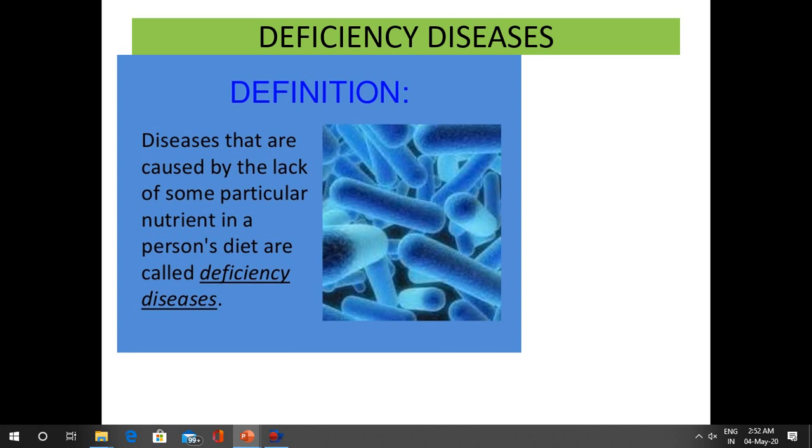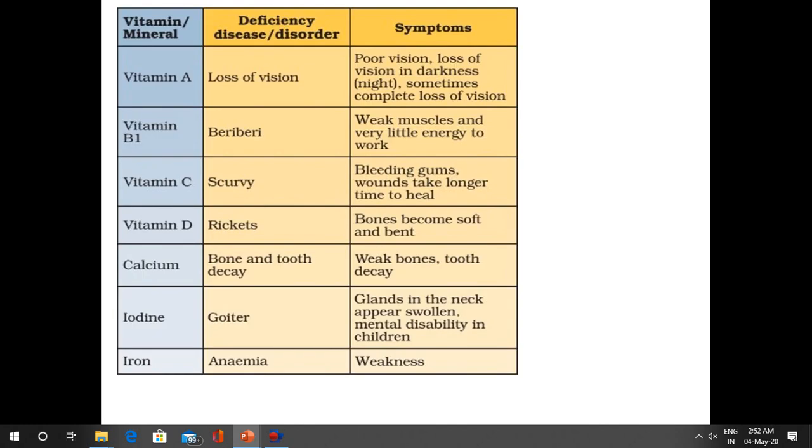These are called deficiency diseases. In our NCERT book, this particular table is discussed. There are many types of vitamins which we discussed in the last video, and there are minerals. When we are not eating certain minerals or nutrients, our body lacks them, and that is how we will have some disorder or deficiency diseases.